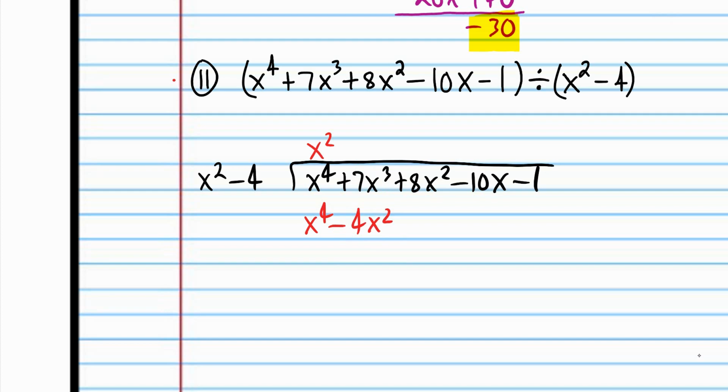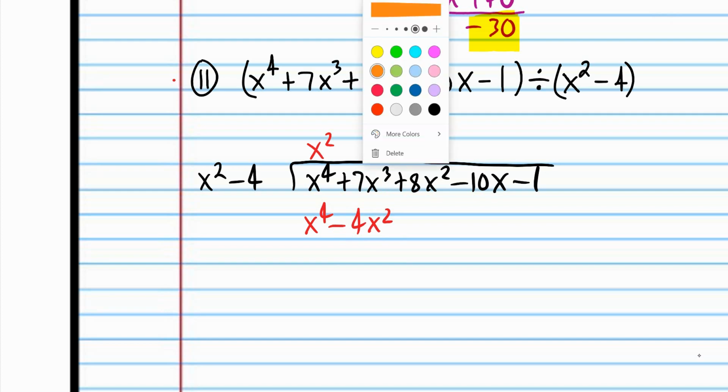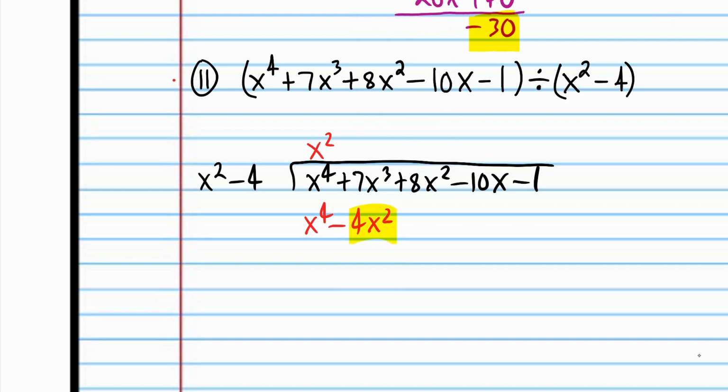So one way you can do it is you can say, well, wait a second, I can't subtract those, but I can subtract these. So you could subtract these in your head and just bring down this 7x cubed, but probably the best way to do it is just to move this over and then subtract as you normally would.